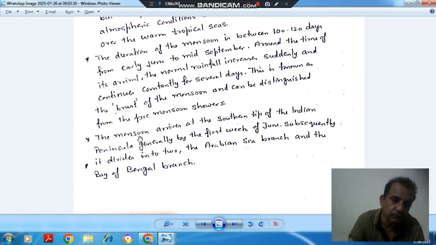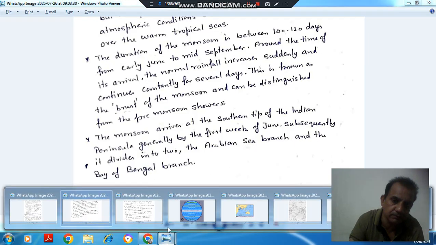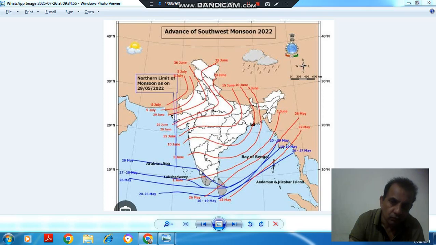Next is the monsoon arrives at the southern tip of the Indian peninsula, generally by the first week of June. Subsequently, it divides into the Arabian Sea branch and the Bay of Bengal branch. So this is the first monsoonal wind, first June.